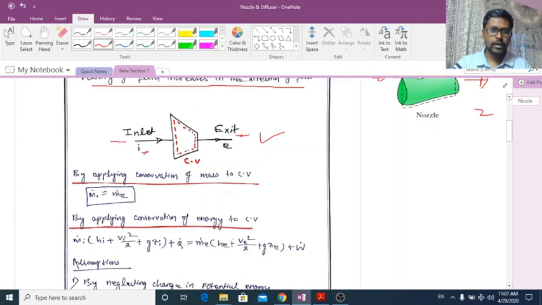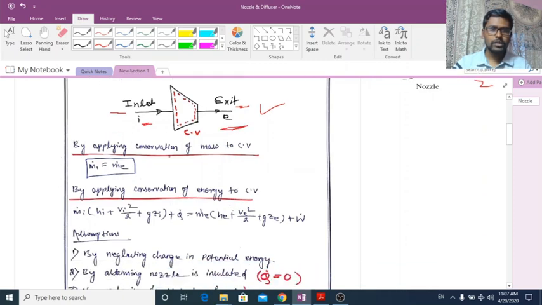Inlet will be denoted by I, exit will be denoted by the symbol E. If I apply conservation of mass to this control volume, the rate at which mass will enter into the nozzle is the same rate at which the mass will leave from this nozzle, as it is a steady flow device. So m dot i, the rate at which mass is entering into this nozzle, is equal to m dot e, the rate at which mass is leaving from the nozzle. This is by the conservation of mass applied to this control volume.